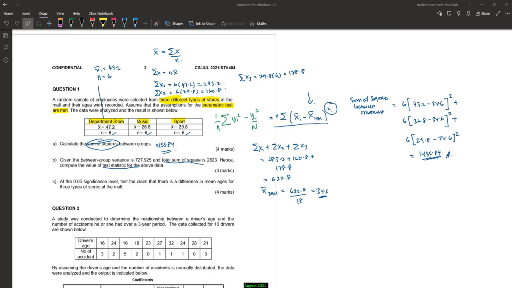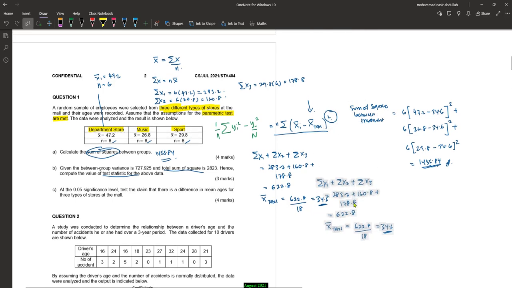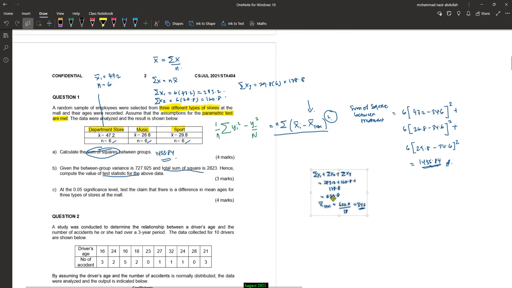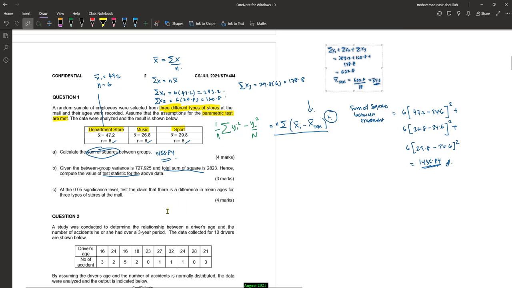So this one they are forcing us to construct an ANOVA table. Although technically they do not ask us to construct an ANOVA table, they force us to construct one. So now let's look at the standard structure of a one way ANOVA table.